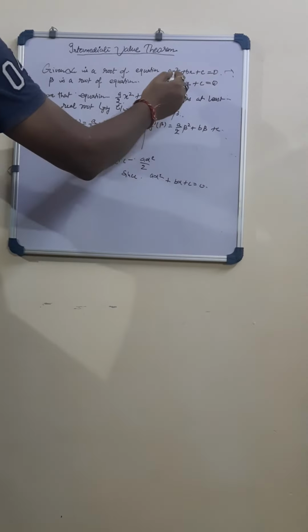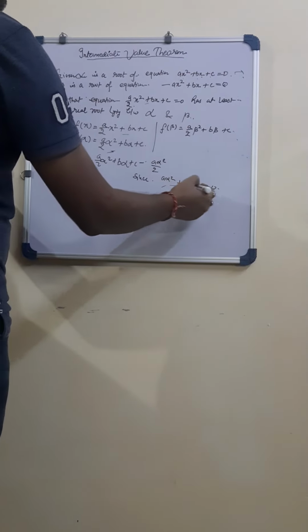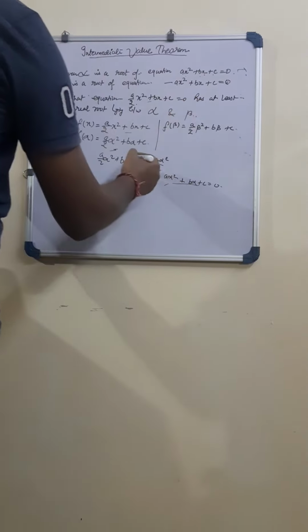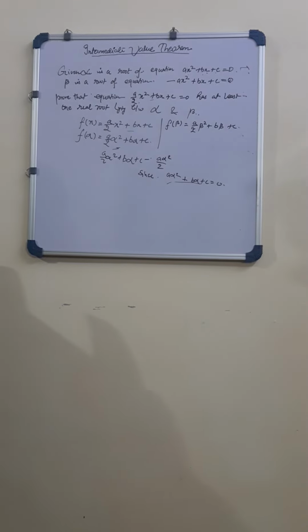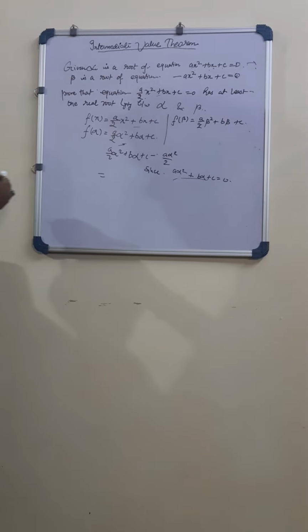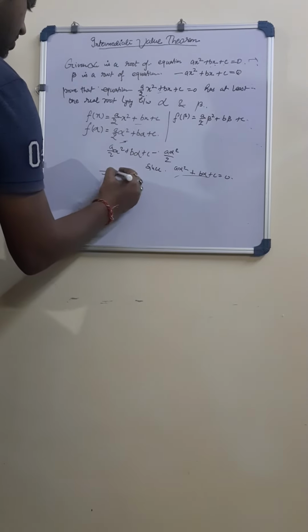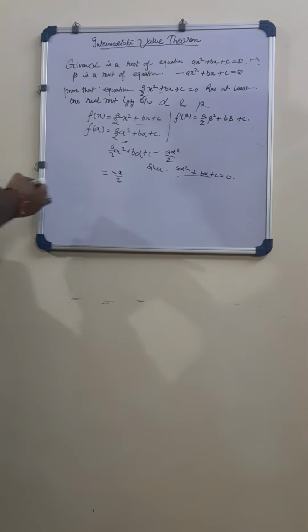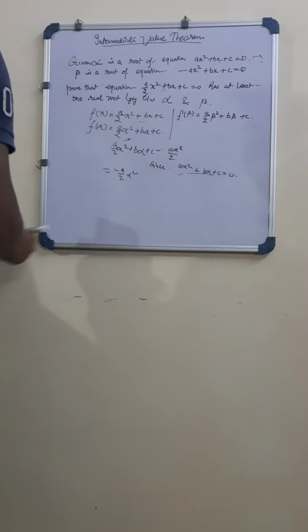Where do we get it from? This one. So while substituting a alpha square plus b alpha plus c, you can derive this equation. So finally, f of alpha is equal to minus a by 2 alpha square.